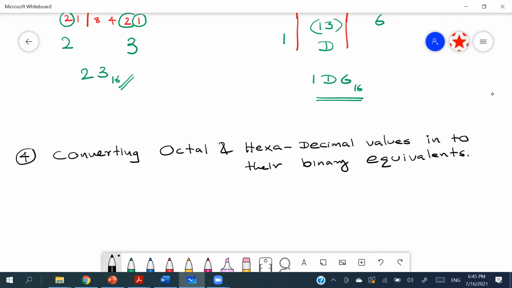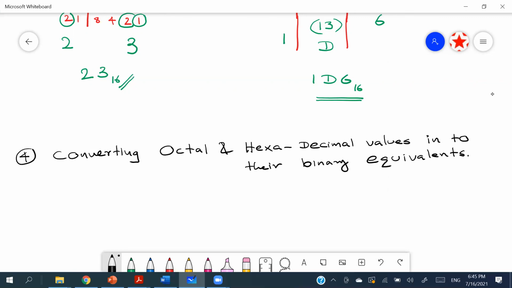All right, now this is easy, people. Still, we have that relationship, 8 equals 2 to the power 3. Earlier, you can remember, we were given a binary value. We grouped those binary numbers into groups which contain 3 bits.